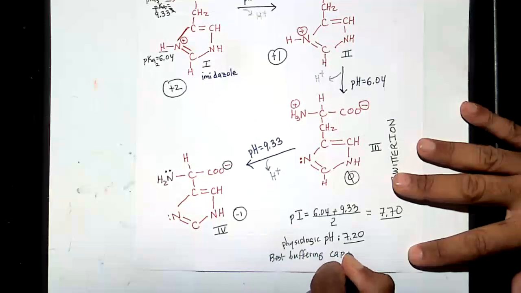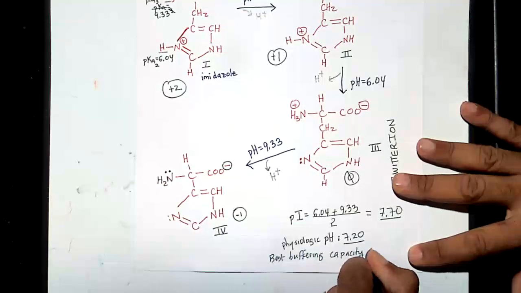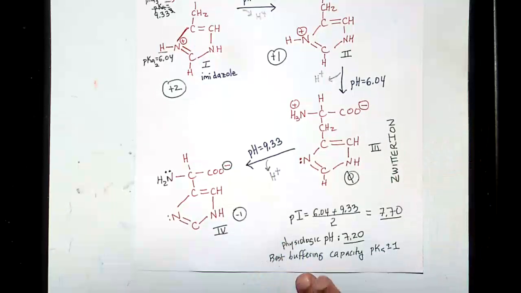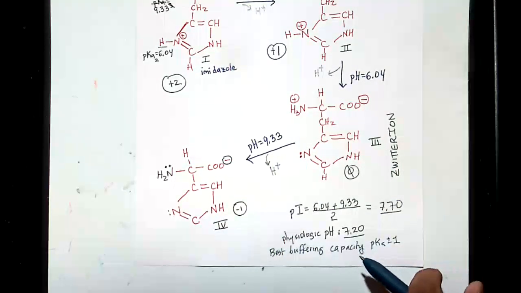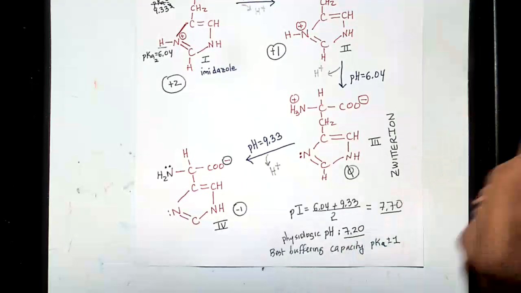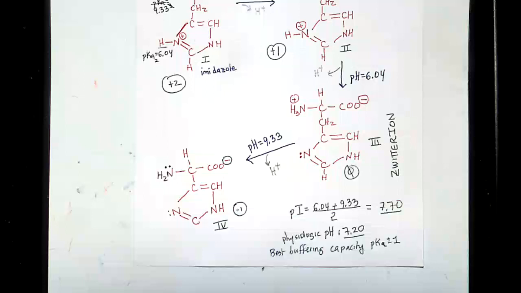The best buffering capacity is pKa plus or minus 1. So the question I have for you is, what is a good natural buffer inside our cell?